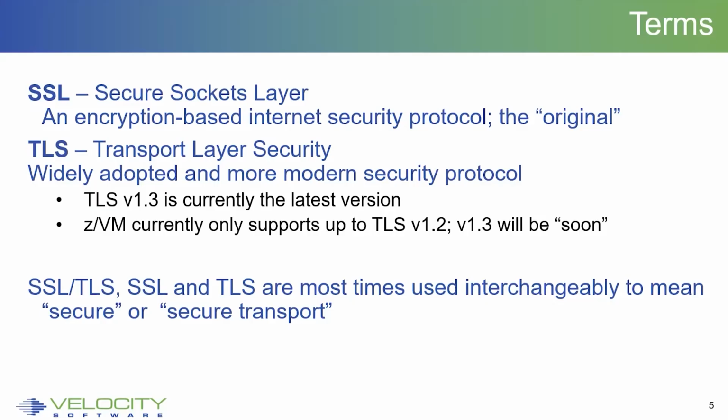TLS version 1.3 is currently the latest version of Transport Layer Security out there. z/VM currently only supports version 1.2, and version 1.3 will be here soon. Again, SSL and TLS are most times used interchangeably, and it means secure data transport.